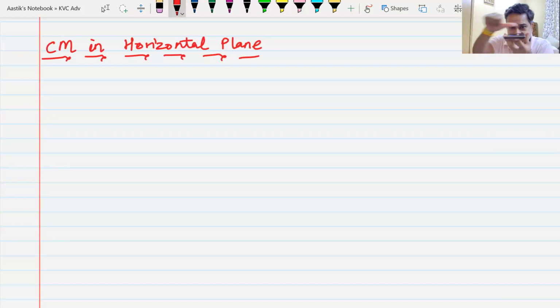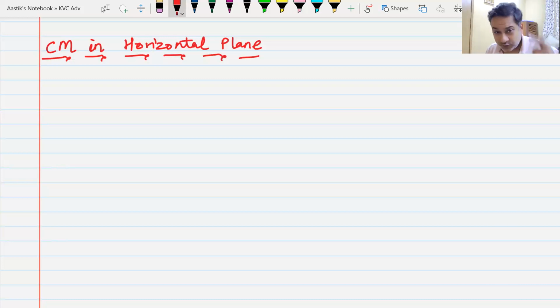One direction is towards the center of the circle, radial direction, and the other direction is tangential. So this is how we define three directions for a circular motion. This is towards center, centripetal or radial, and this is perpendicular to the plane. Do we understand this? Yes, sir. We understood, sir.